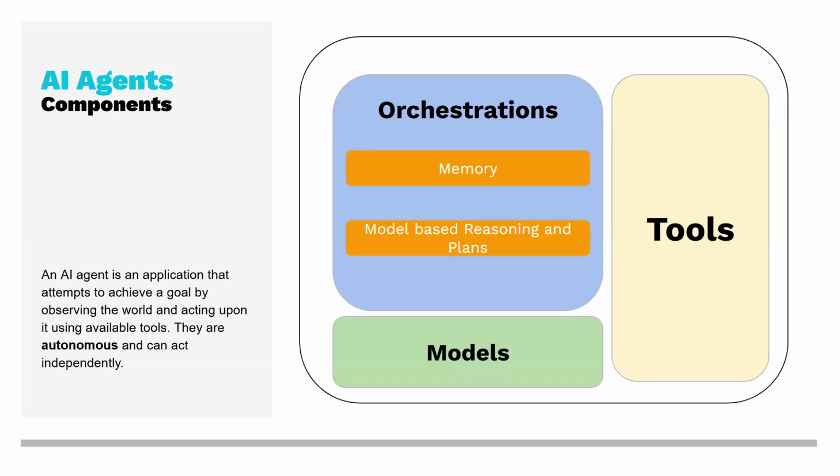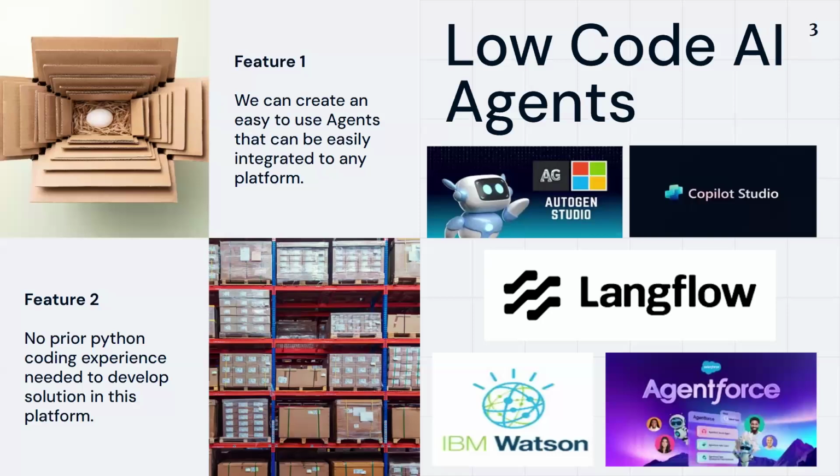Now the next thing is what are the ways we can create agents. In today's world, there are a lot of ways of creating AI agents, but our focus will be on the low code AI agentic platforms. Why low code AI agentic platforms?